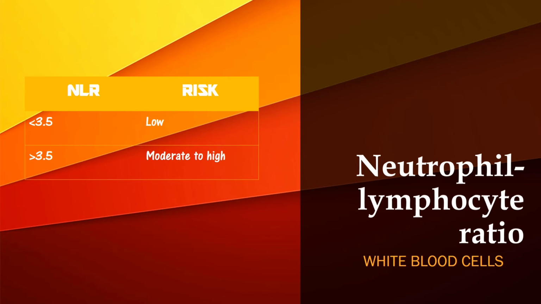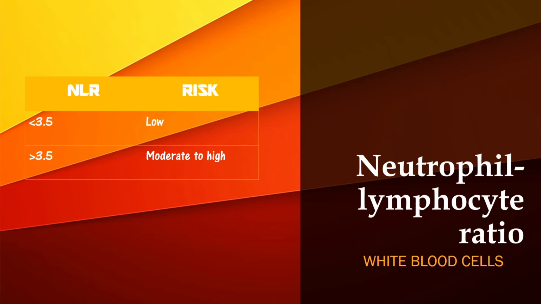NLR can be used as an early warning signal for deteriorating severe COVID-19 infection and can provide an objective basis for early identification and management of severe COVID pneumonia. So the values that are less than 3.5 are at a lower risk, and values that are more than 3.5 are at a moderate to higher risk. So this value is the neutrophil lymphocyte ratio.